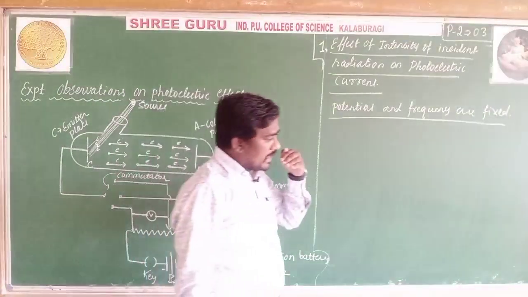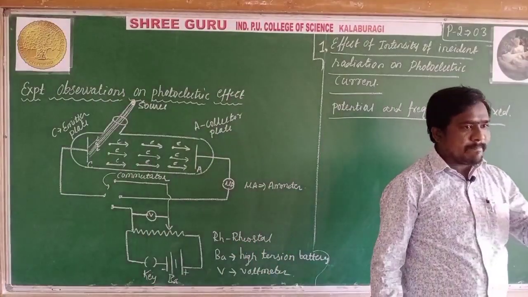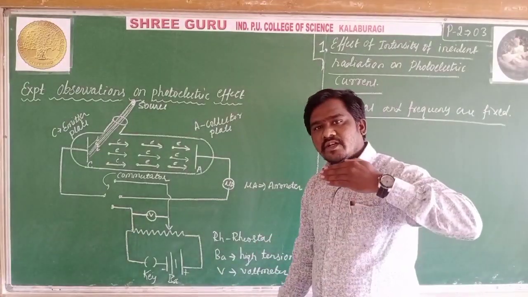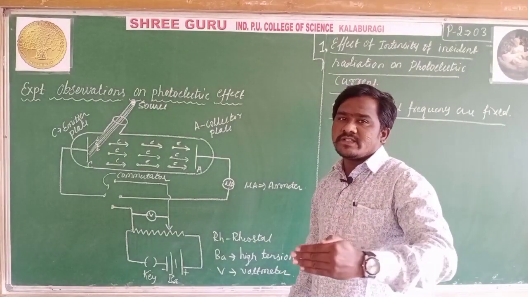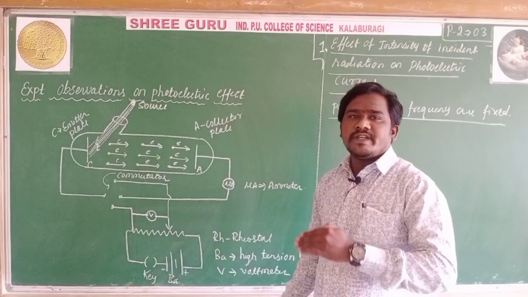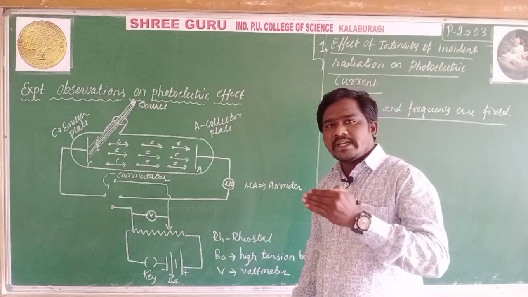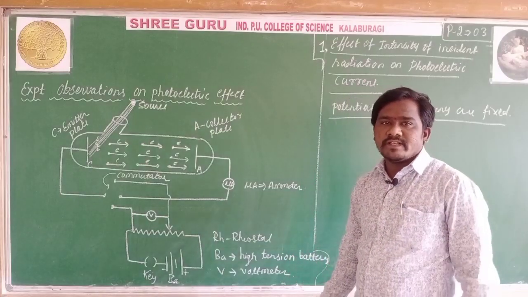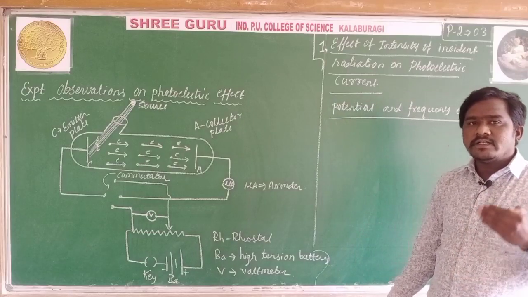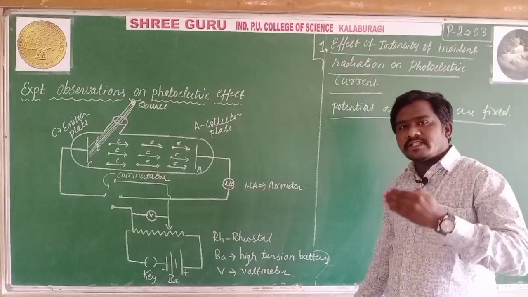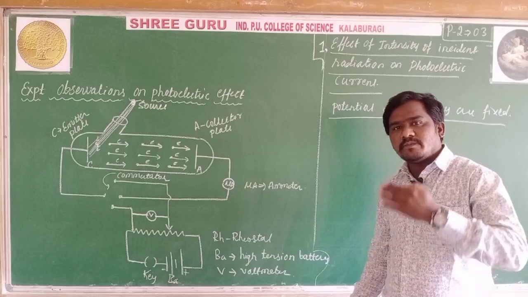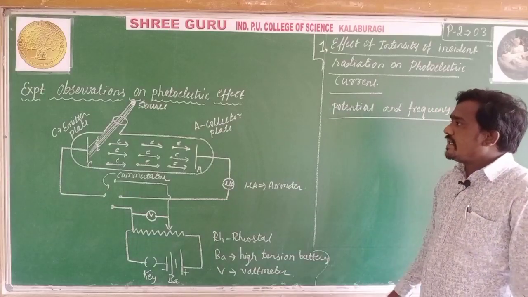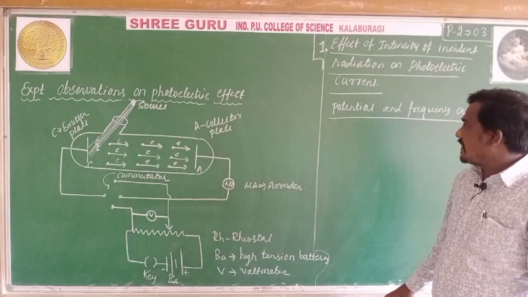Up to a minimum frequency the variation of current takes place, below which there is no emission of electrons. That type of frequency is called the threshold frequency.